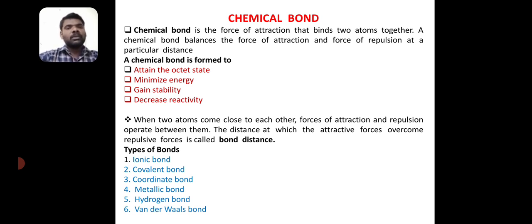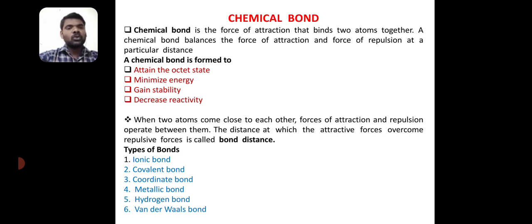Why is a chemical bond formed? Because atoms or molecules attain the octet state, minimize energy, gain more stability, and decrease reactivity. So these are the factors for forming chemical bonds.